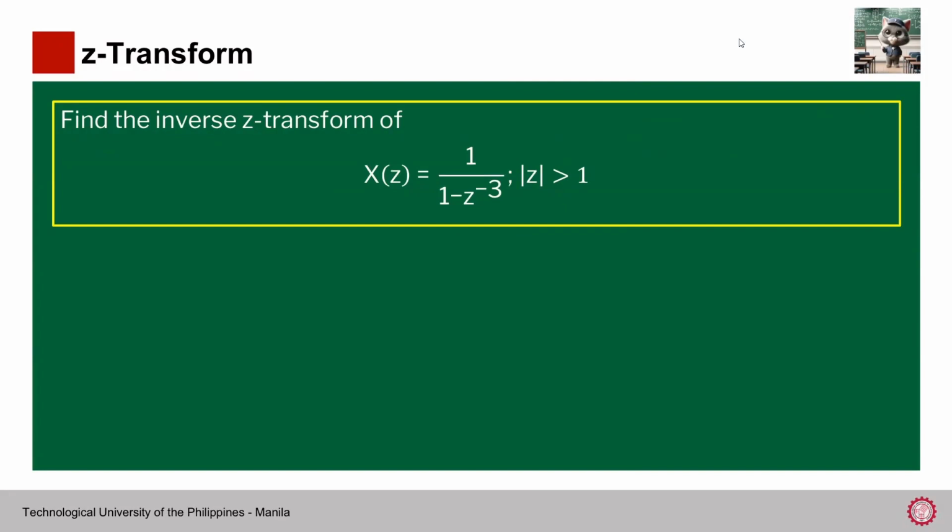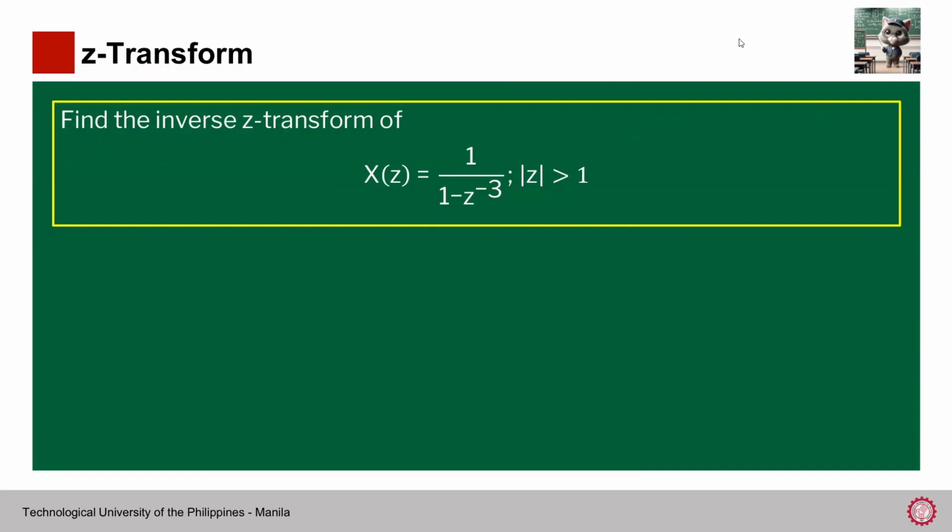Usually what we do here is we perform partial fraction decomposition, if the result is one of the standard forms, or standard results that we have for the Z transform. So I will show you how to do this in this particular problem.